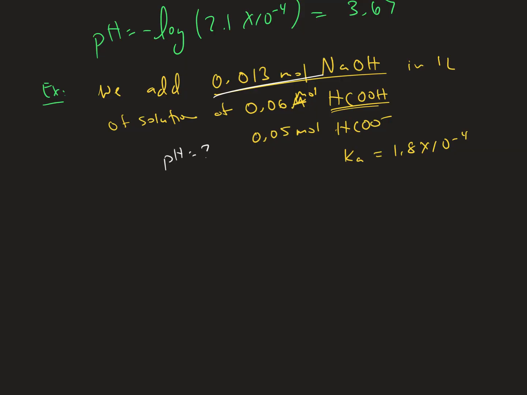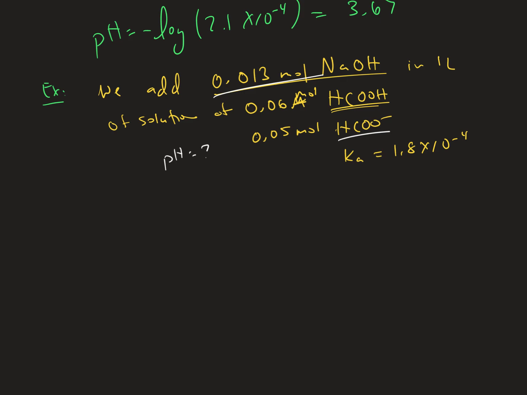Okay, so when we add a base to an acid, it takes away from our acid, making it more basic, right? Does that make sense in your mind? So what are we doing to the conjugate base? It's kind of like we're adding more base, right?